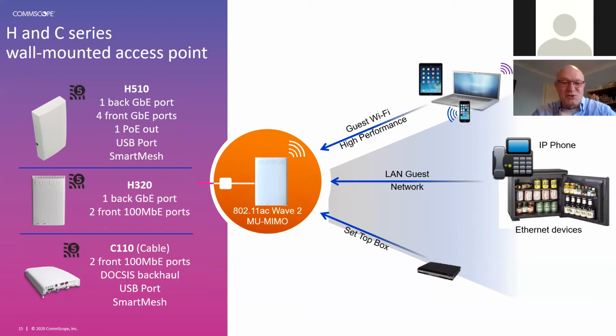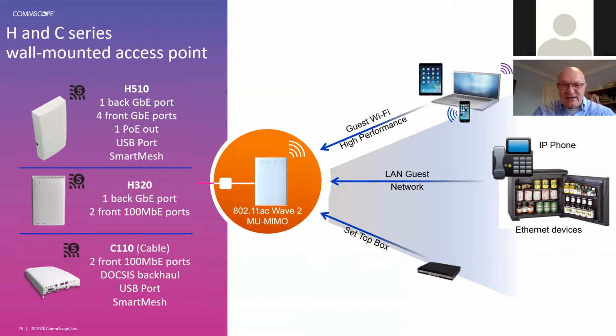And then the R320 going a little bit lower in terms of capability and number of Ethernet ports. And of course, don't forget, for those cable environments, the C110, which is great for cable DOCSIS environments. If you still come across hotels or other environments where they have cable rather than Cat5e cabling, you've got an opportunity there to install a device without having to change the cabling, which is great.